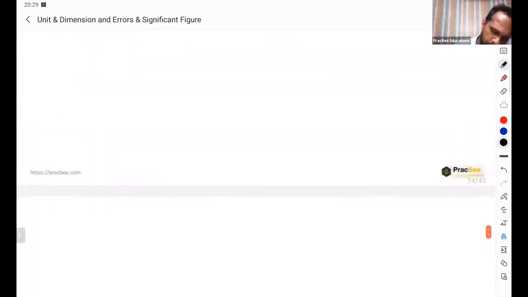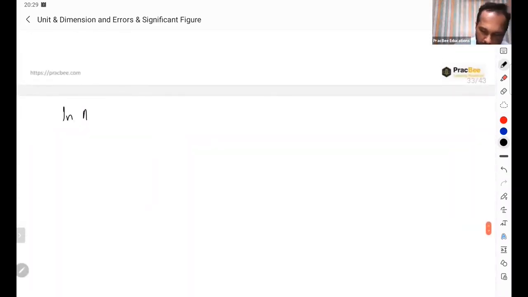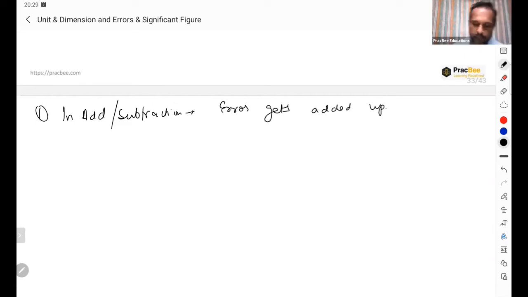So, in addition and subtraction, error gets added up. What I mean by this? Suppose you have a length L equal to 12.3 plus minus 0.1.